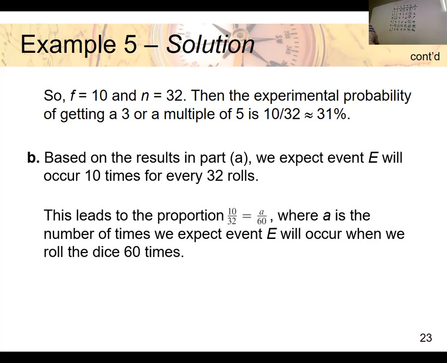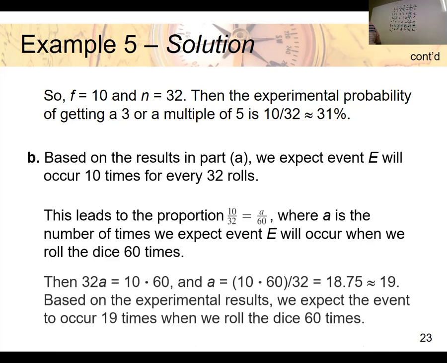So here's the proportion: 10 over 32 equals A divided by 60. A is the number of times that we expected event E to occur when we roll the dice 60 times.